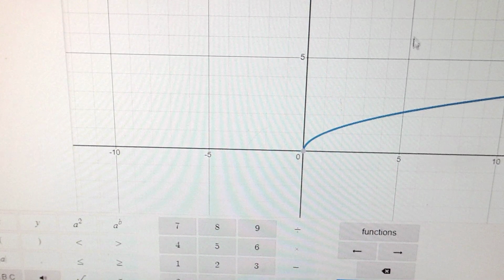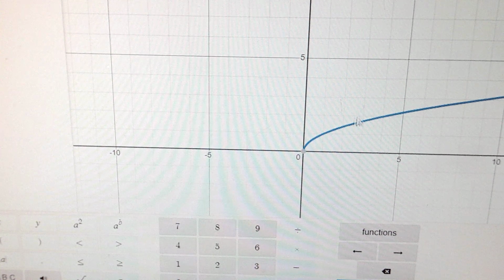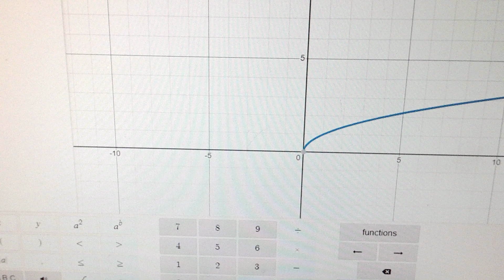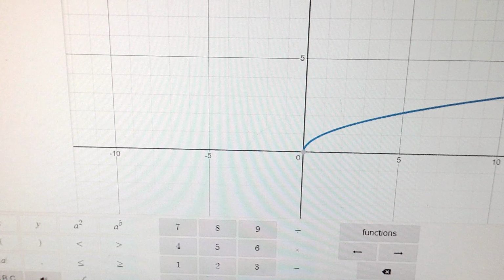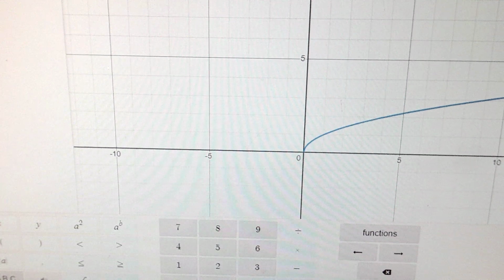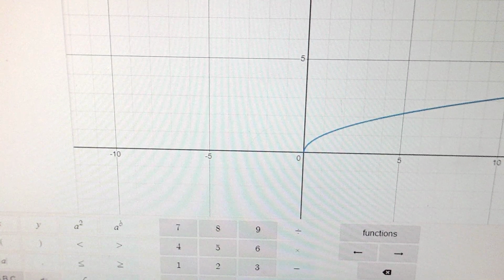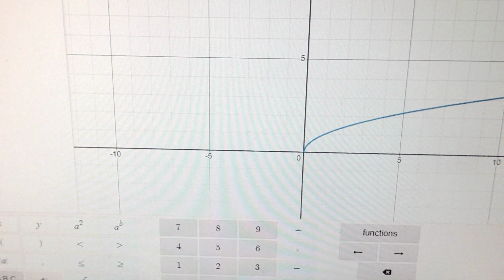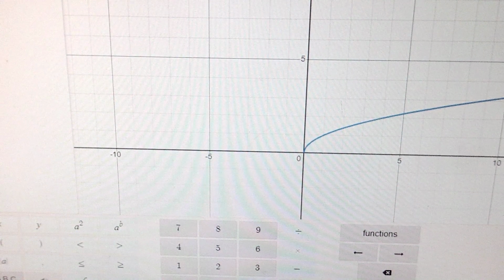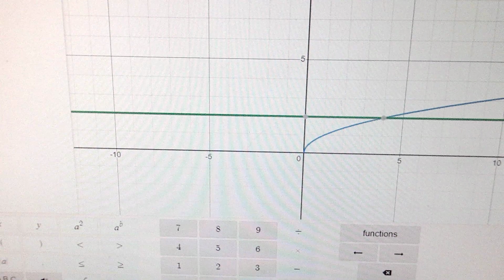Now the y values I get out have to go into the other one, which is r of x. And r of x can't have a value of 2 coming into it. So the y value coming out of this has to go in there. So the y value cannot equal 2.